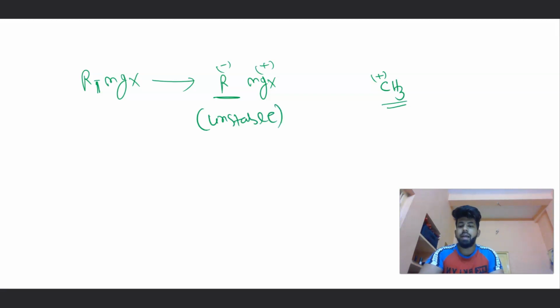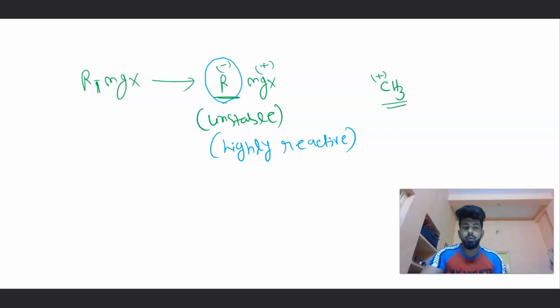And because of this high instability, it will become highly reactive. And this is the moiety which will react with the organic compounds, which we will see in further slides. So because of the instability of the negative charge on the alkyl group, the Grignard reagent will become highly reactive in case of organic compounds.